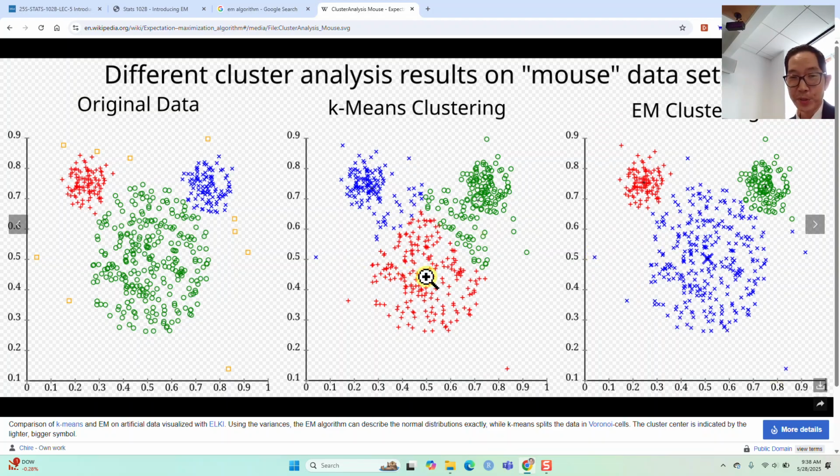Whereas over here, with k-means clustering, this point that's way out here, it just assigns it to the nearest centroid, which probably doesn't quite make sense. If you take into account the amount of variance you have, you're going to get a point that's way out here, okay? So the EM algorithm is able to take into account the sheer amount of variance that exists, and include that with its assignments there, okay?